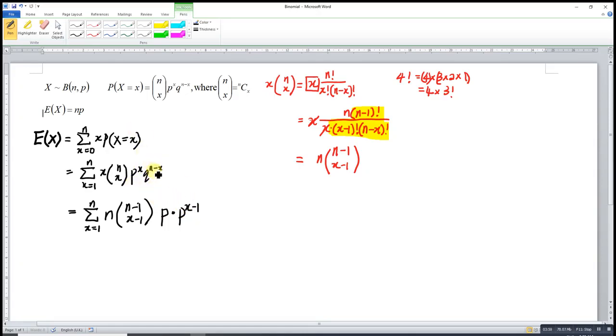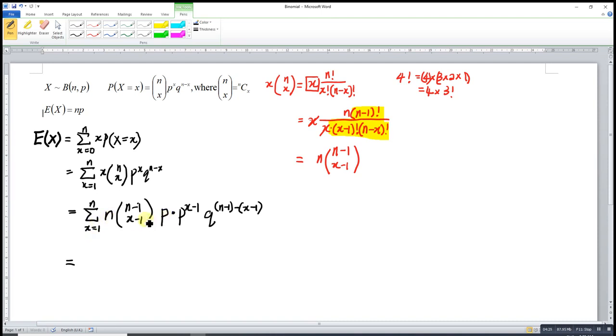Then same for the power of q, so we take n minus 1 minus x minus 1. So minus 1 minus minus becomes plus, so plus 1 minus 1 plus 1, we get 0. So we get back n minus x. Okay, we take out the terms not involved in x.